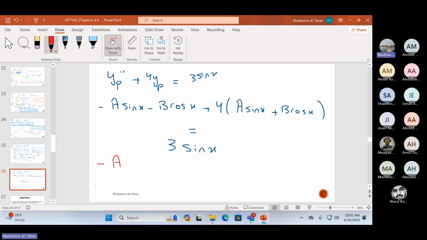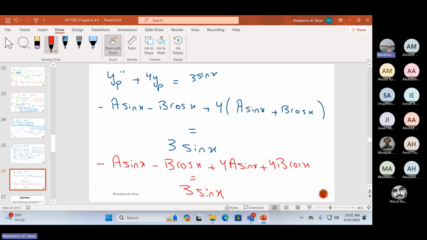We will get negative A sine x, negative B cosine x, plus 4A sine x plus 4B cosine x equal 3 sine x. Right? Can we simplify more? Take the sine alone and the cosine alone.